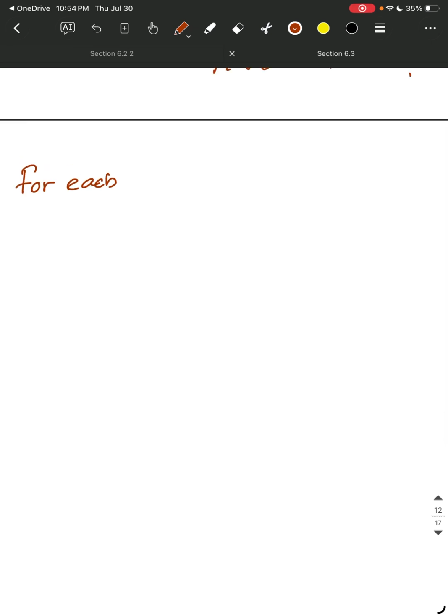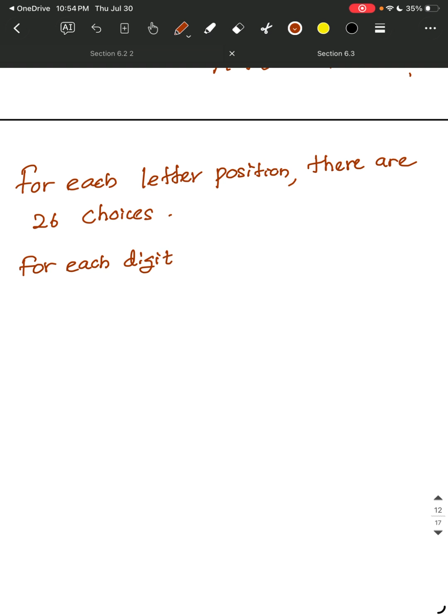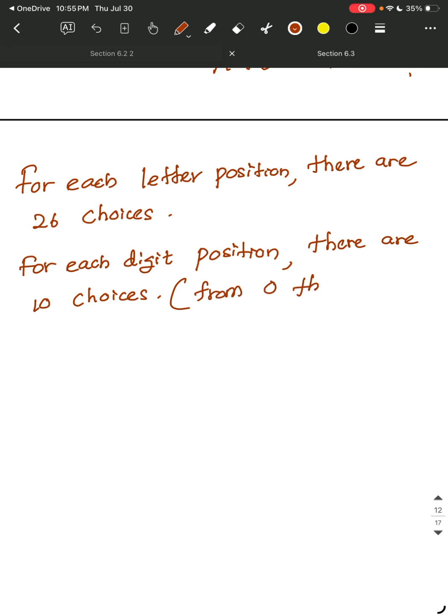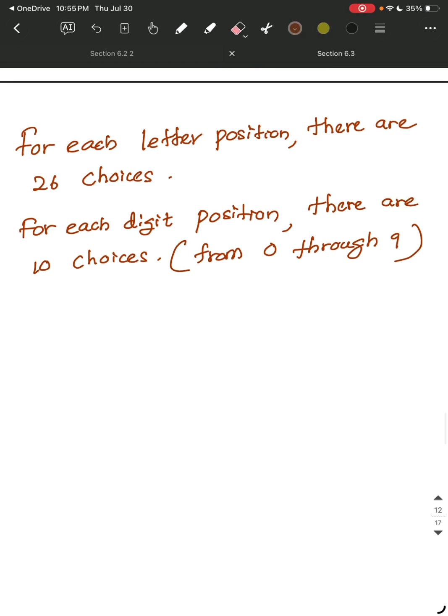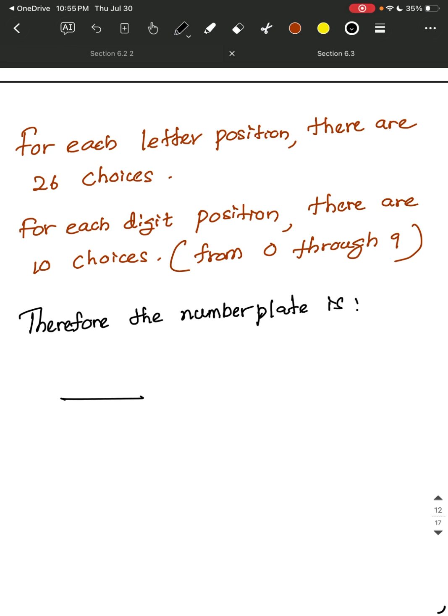Therefore, the license plate with 2 letters followed by 3 digits: 26 for the first letter times 26 for the second letter, times 10 for the first digit, second digit and third digit.